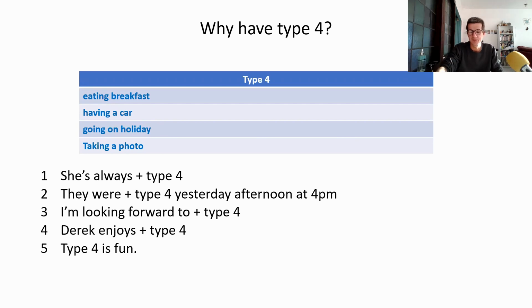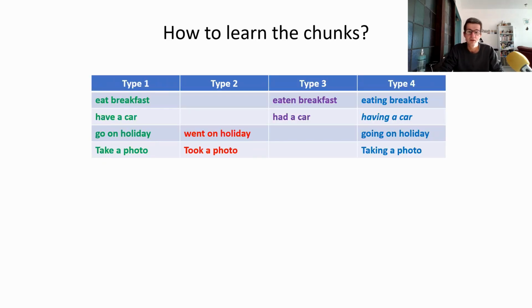Okay, how to learn chunks. If you're learning action chunks, you could learn it like this. First of all, you need to learn the type 1. Once you've got the type 1 under your belt, then you can just focus on type 2 and type 3, because the beauty of type 4 is it's always the same, just ing on the verb.